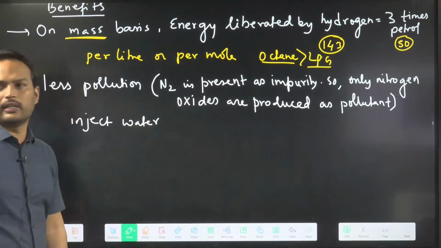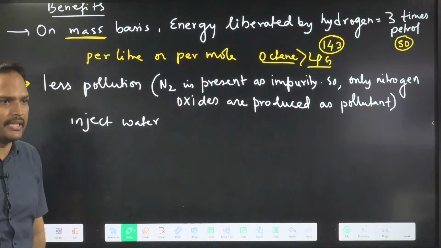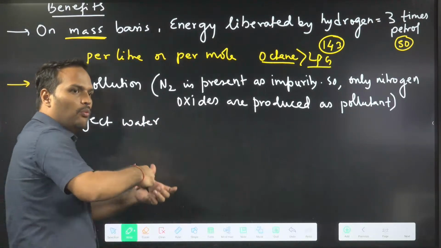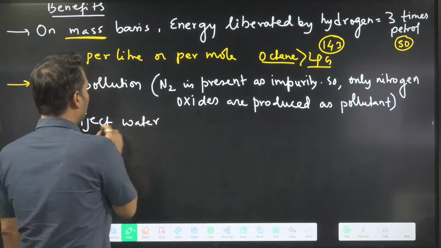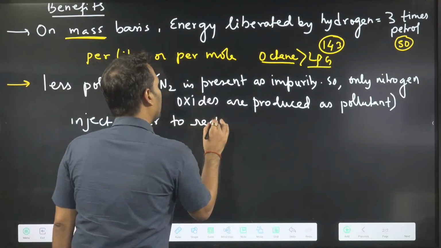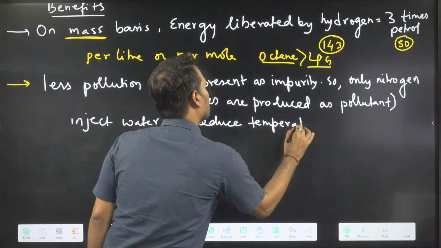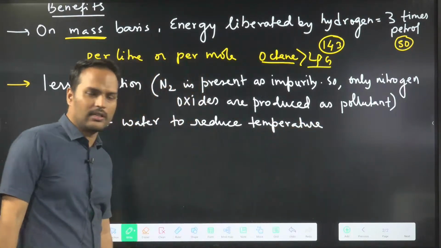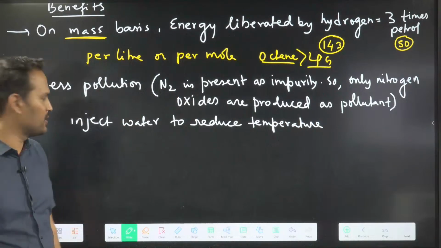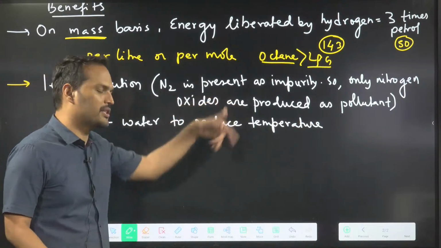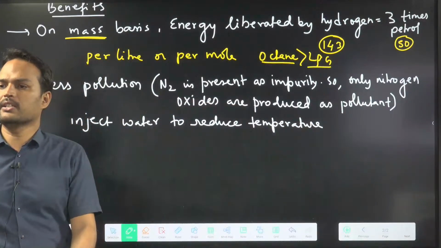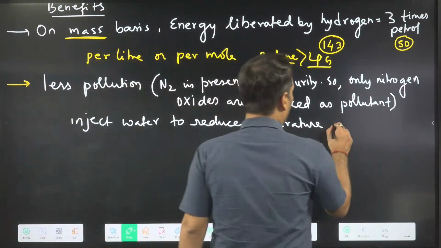Water has very high heat capacity. So we will inject water in hydrogen to reduce the temperature. The doctor also does that: injection, temperature decreased. Here also we put water, temperature decreased. No reaction between N2 and O2.